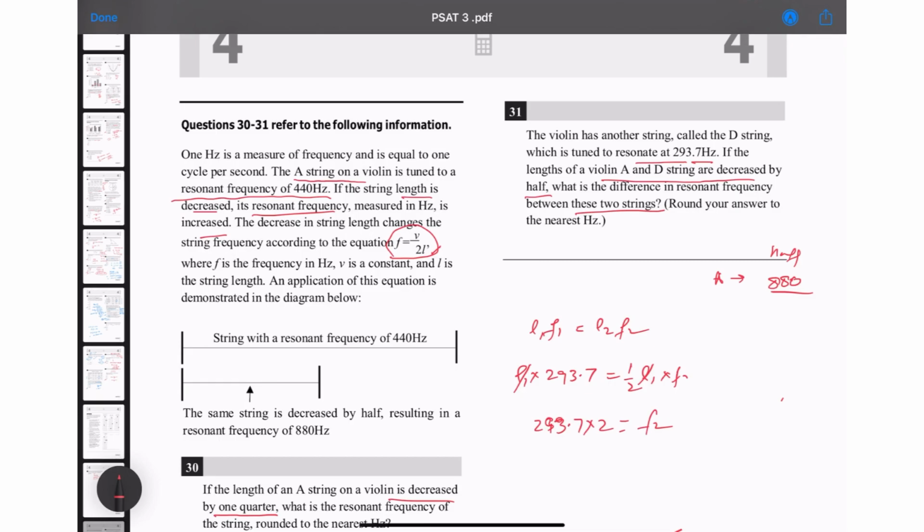This is 587.4. Now the answer will be the difference. So 880 minus this will give you 292.6. Now the nearest hertz will be 293. So this is the answer, 293.